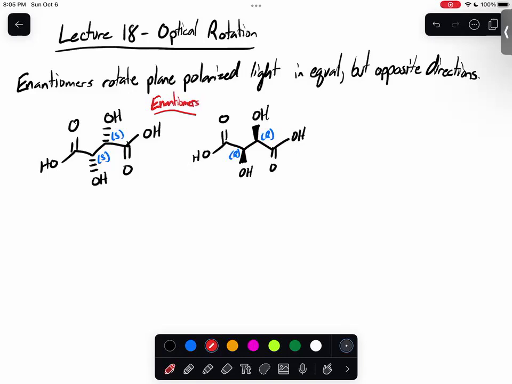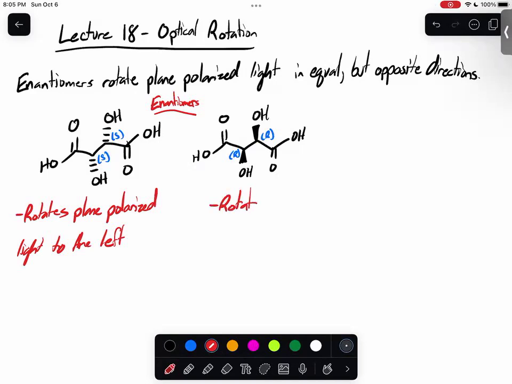So, the interesting thing about these two structures is that the one on the left-hand side rotates plane polarized light to the left, whereas the structure on the right rotates plane polarized light to the right.